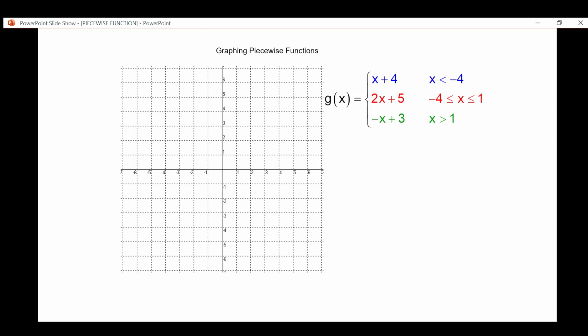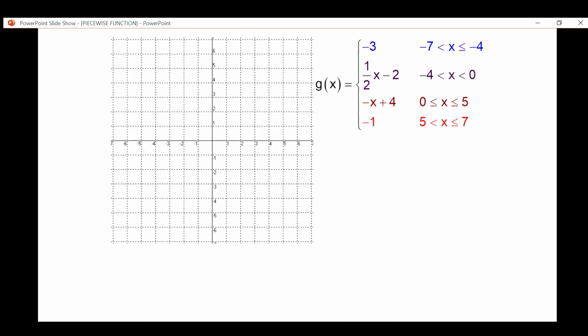And kung gusto niyo pa class ng more exercise, so you can also try this. Ayan, I will pause the video. I will pause for a while so that you can pause the video and try graphing it para makapag-exercise pa kayo. Okay, so the answer here is last one.